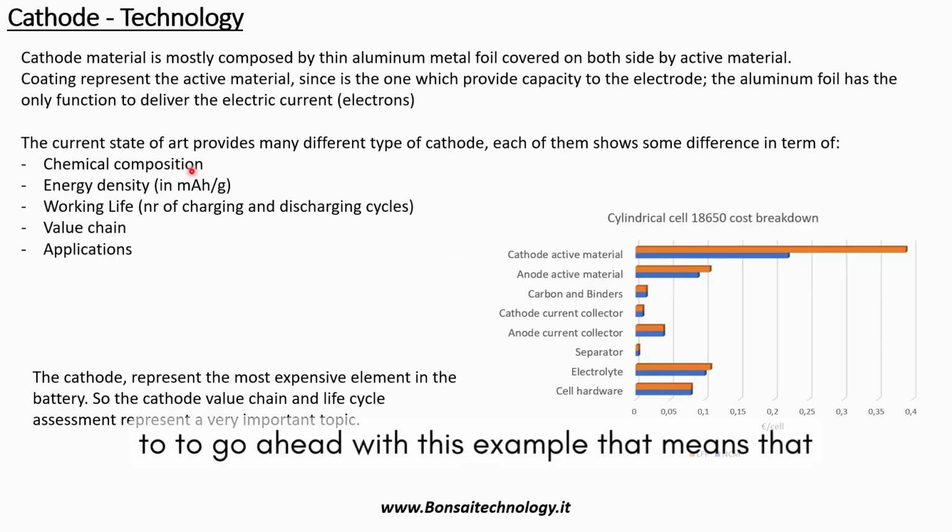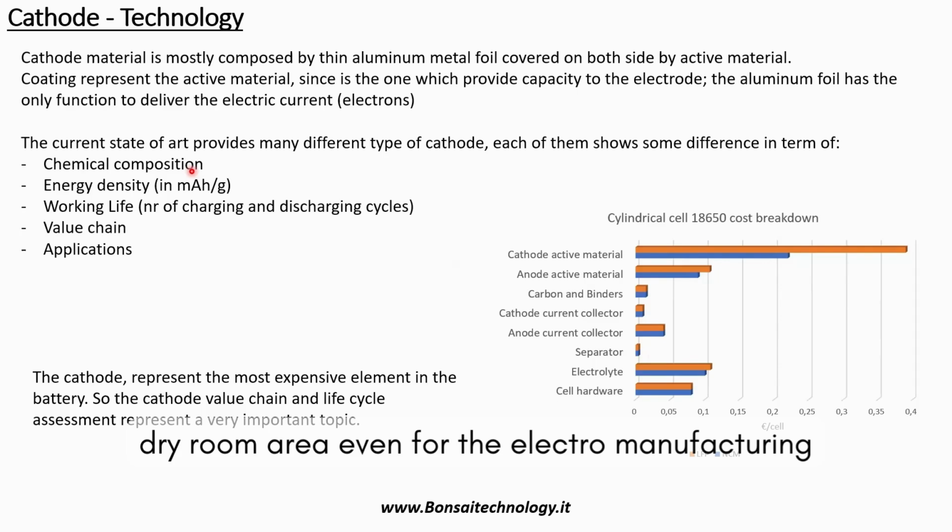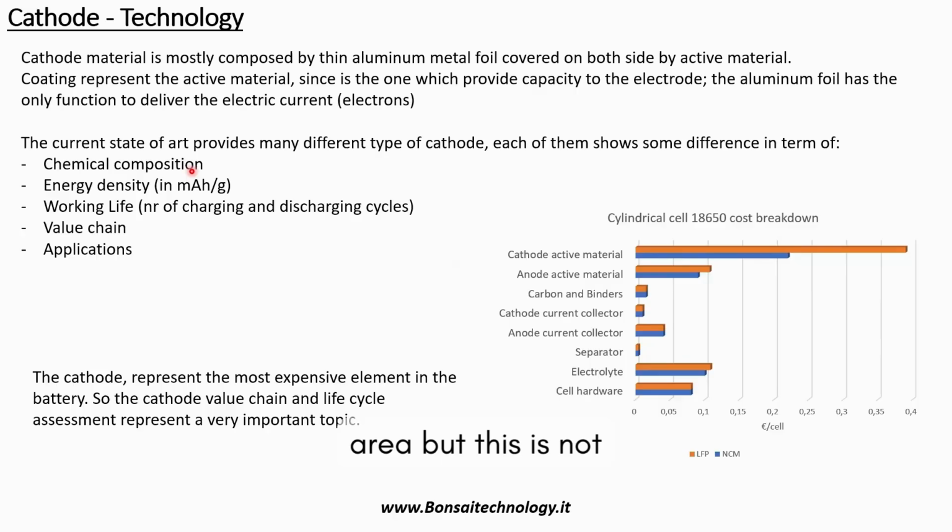To go ahead with this example, that means that for LFP cathode material, the battery maker needs to foresee a dry room area, even for the electrode manufacturing area. But this is not needed for the NMC cathode.